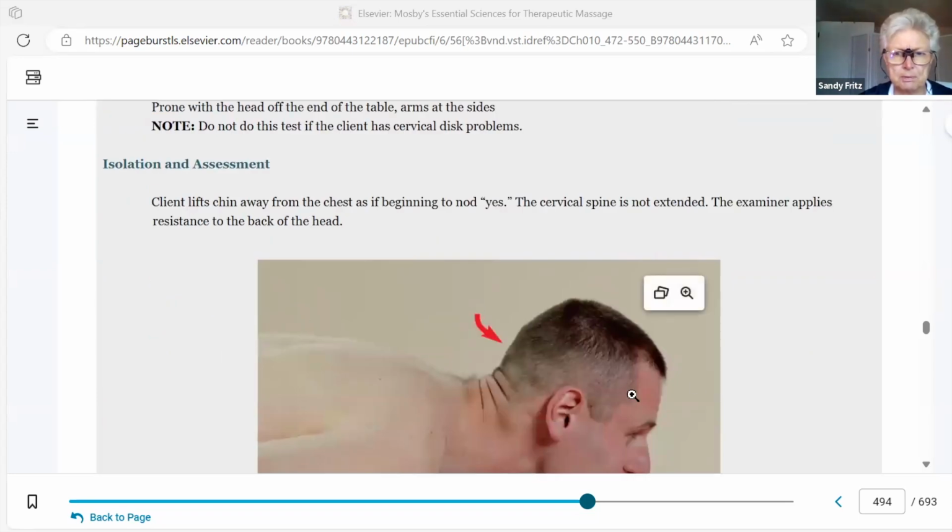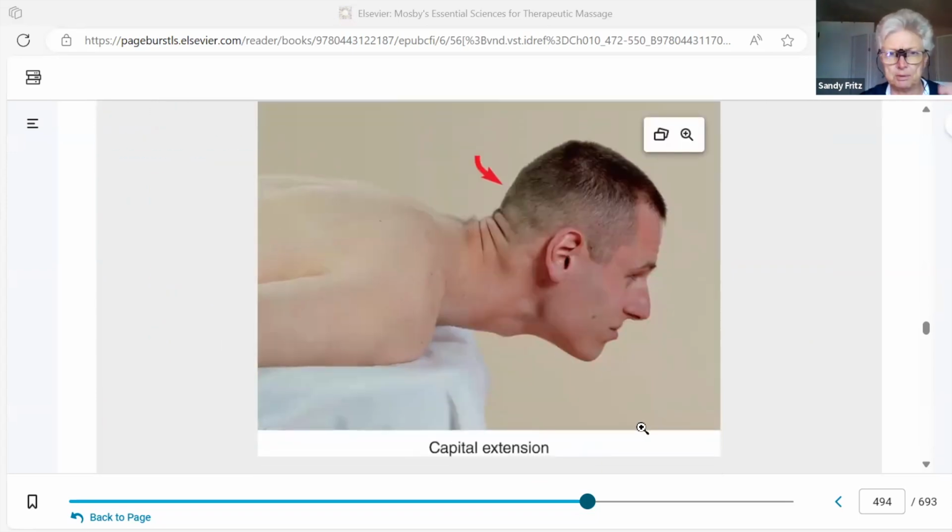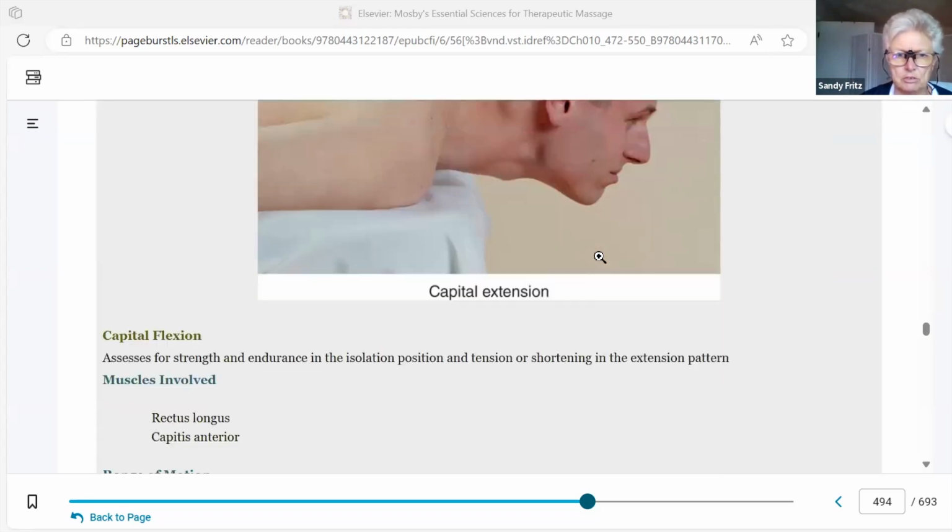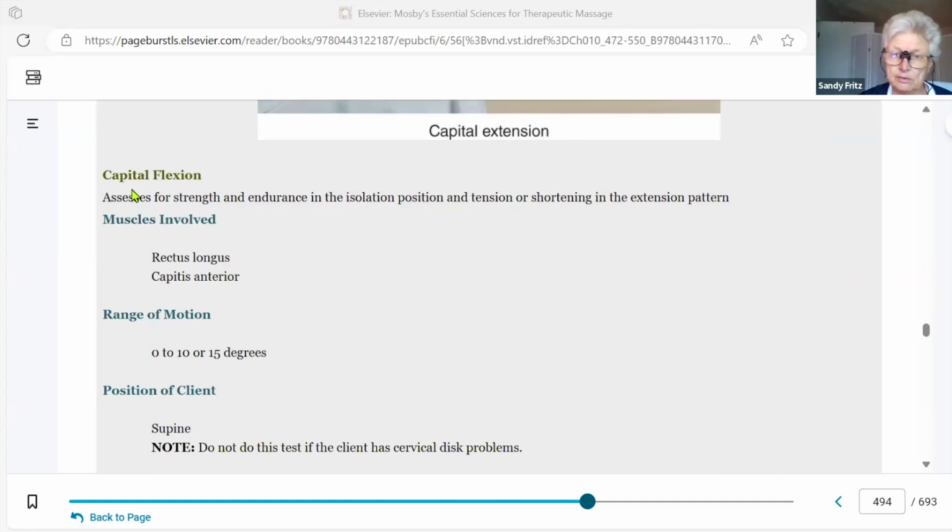Here, this position happens to be with the person prone and they're just tipping their chin up, and there's your extension there, capital extension. And then here's the opposing movement. Here's capital flexion. Capital extension, bringing it back to anatomical position, and then forward into capital flexion. All right.